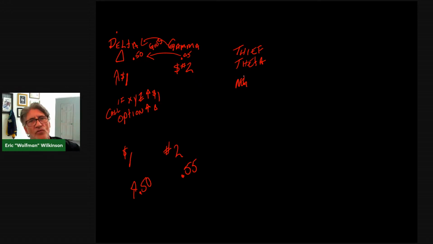Options are expected to expire basically with no theta or worthless. In the money options will be at their value, if you will, and I can talk about that here in a minute. But all of the theta, all of the extrinsic value will go out. So theta, while it's the thief in the night, steals your premiums, and he gets more and more aggressive the closer he gets to expiration.